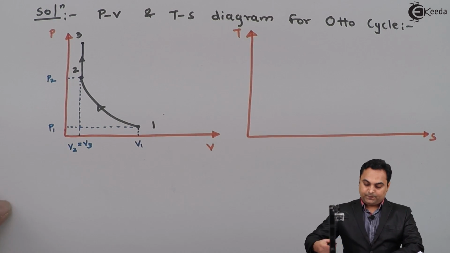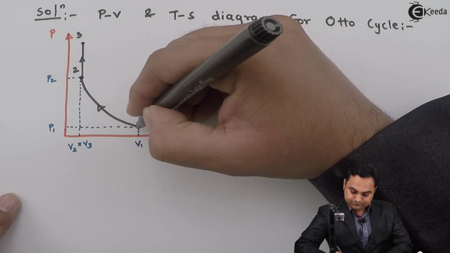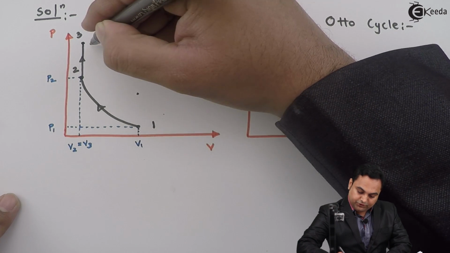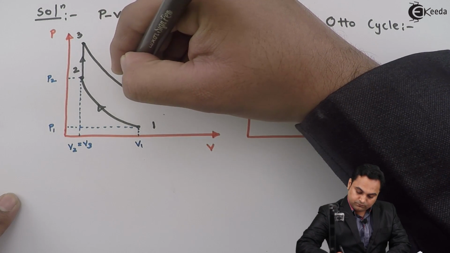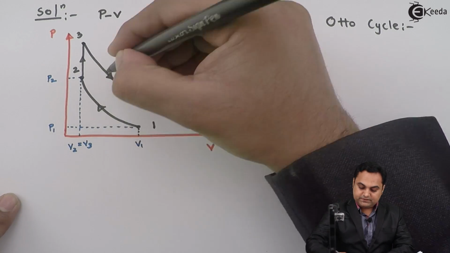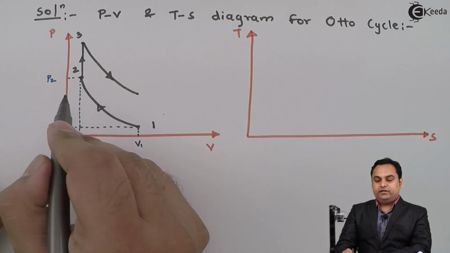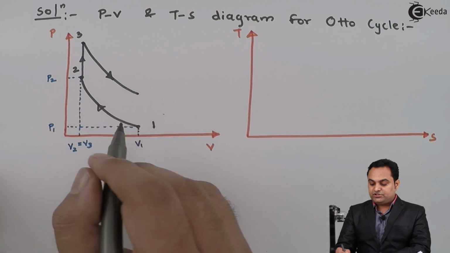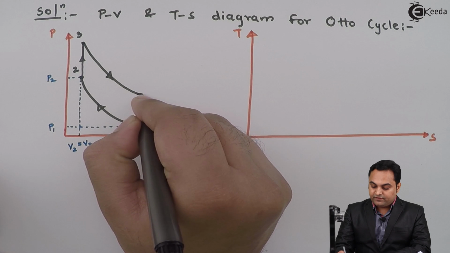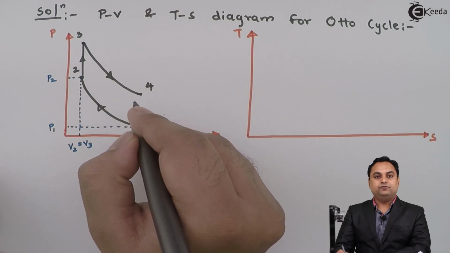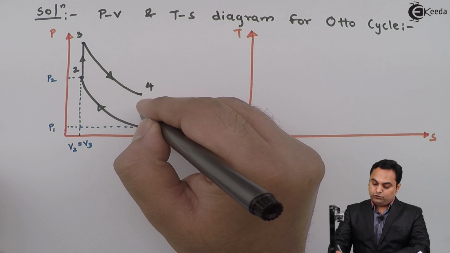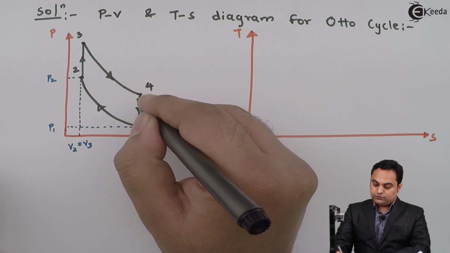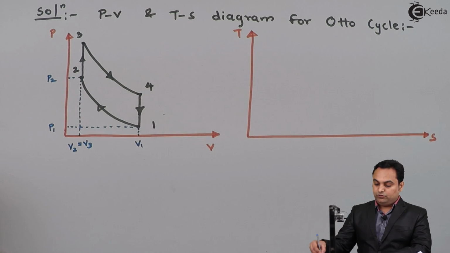After this, there is expansion from point 3 to point 4, and again the expansion, like compression, is adiabatic, or we can say isentropic. Similarly, the expansion process is also reversible adiabatic, or isentropic, from 3 to 4. Next, process 4 to 1 is heat rejection at constant volume. So here we can say that V1 is equal to V4.